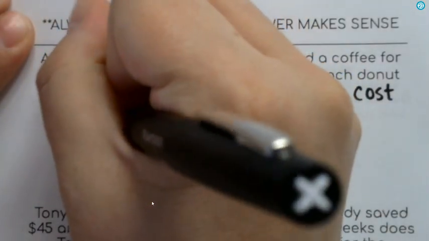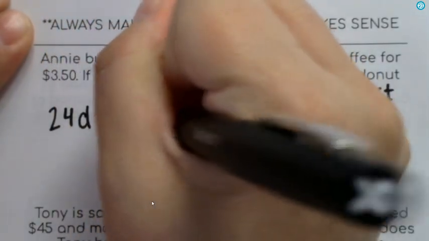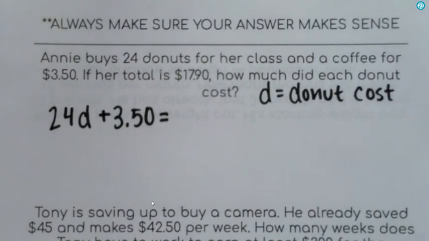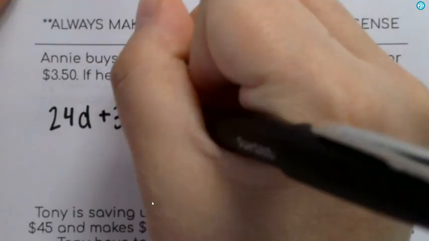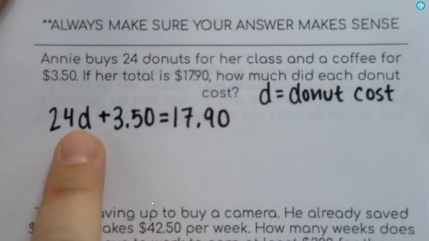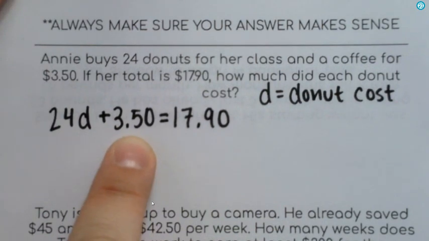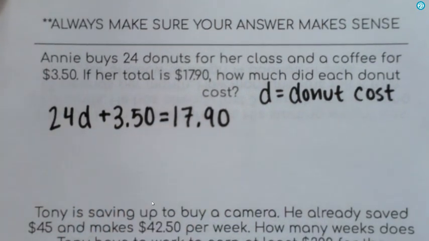So 24D plus 3.50 equals, what is her total cost? $17.90. So 24 donuts plus the $3.50 she spent on coffee equals her total of $17.90. Any questions on writing that equation?